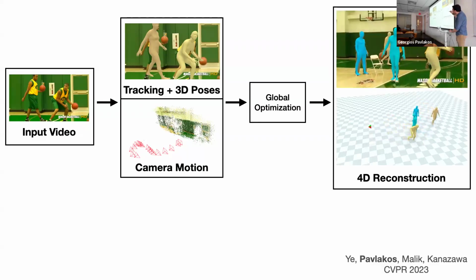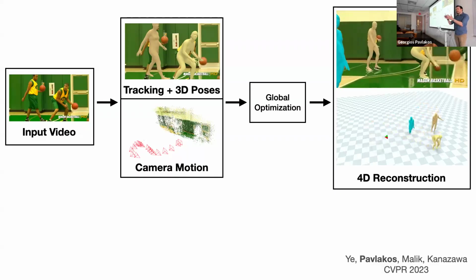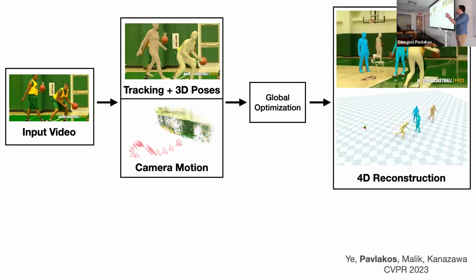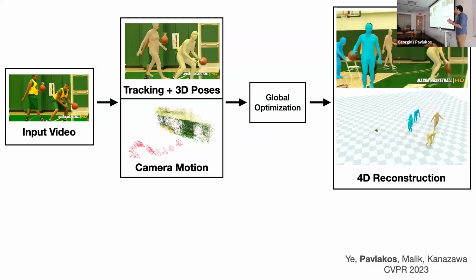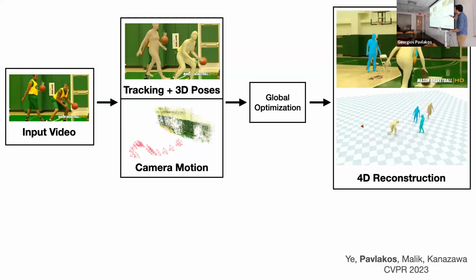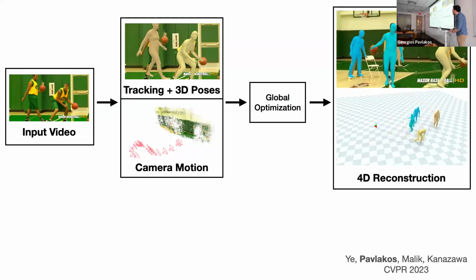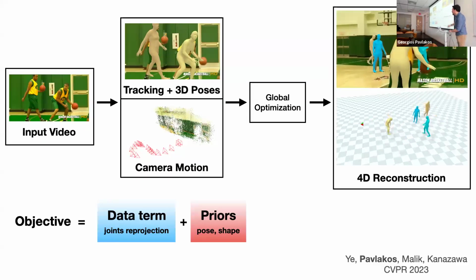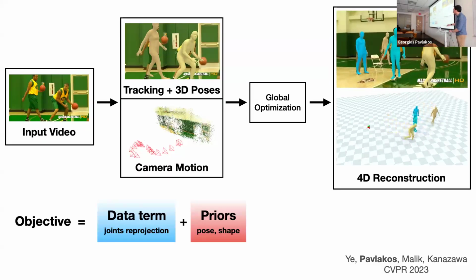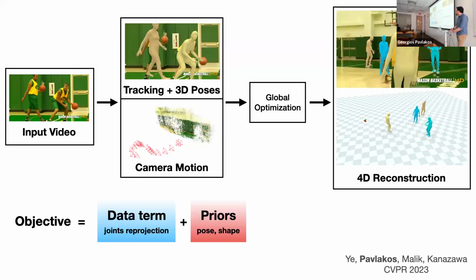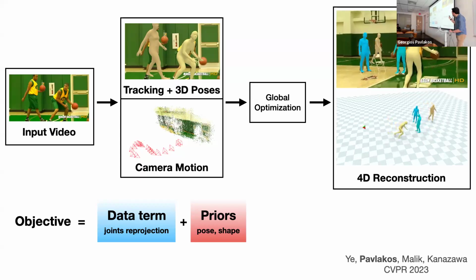And this, again, is where I think the limits of model fitting versus regression approaches lie. For these temporal problems, I think regression approaches are still struggling behind. The model fitting approach is more appropriate here. So we have the objectives that I described earlier based on joint projection and the set of priors. We want a valid body pose for each person and body shape.